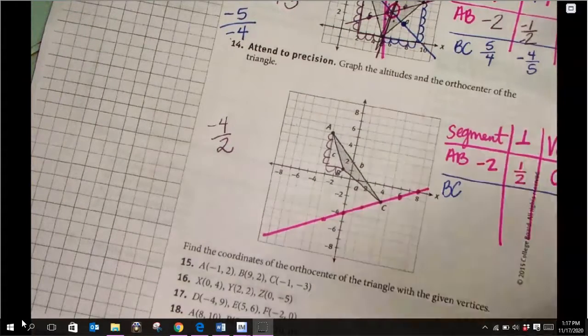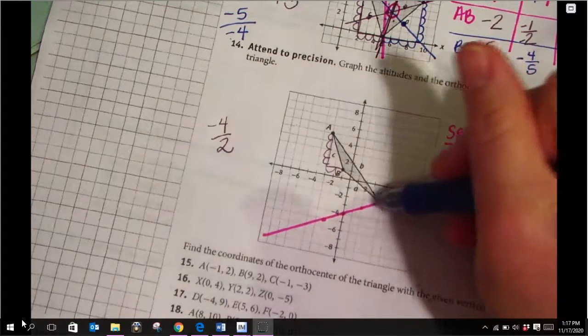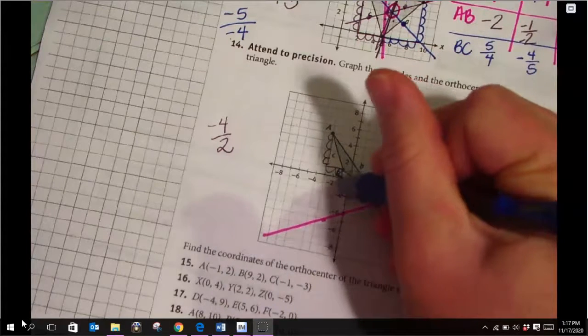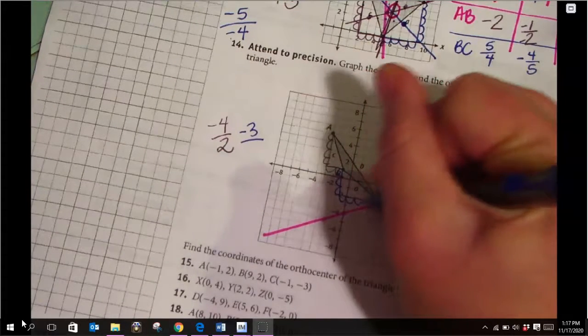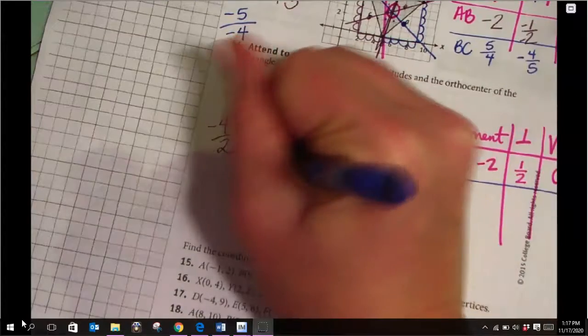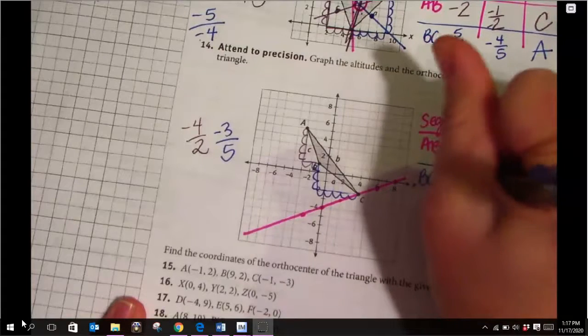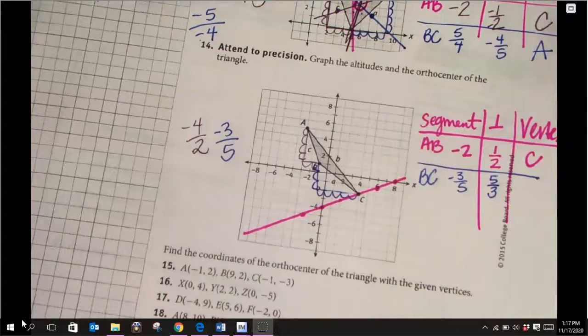So BC down here, I'm going to go this way to stay outside of the triangle, is down 1, 2, 3. So down 3 and then right 1, 2, 3, 4, 5. Now, there's no way to simplify that, so that slope's going to be negative 3/5. So I'm going to do the opposite reciprocal, which is positive 5/3.